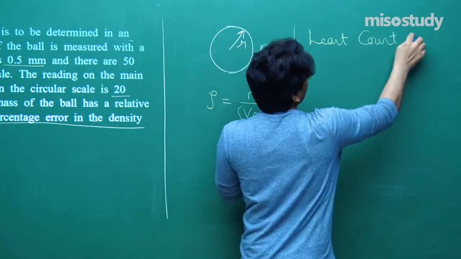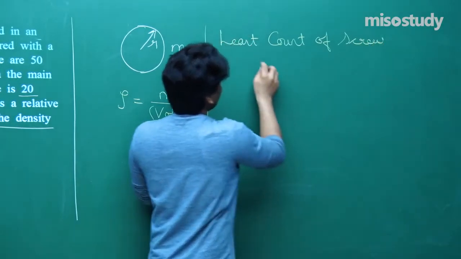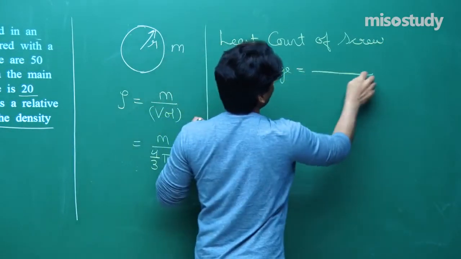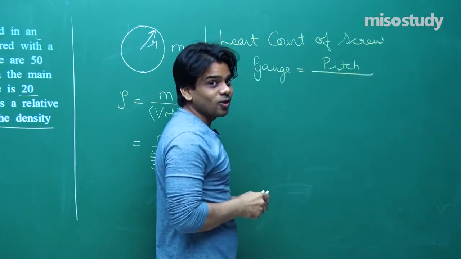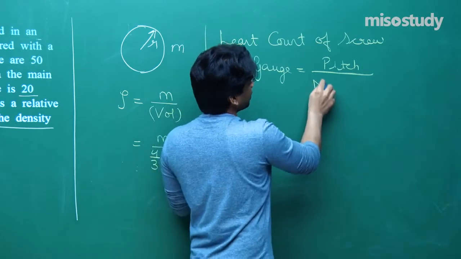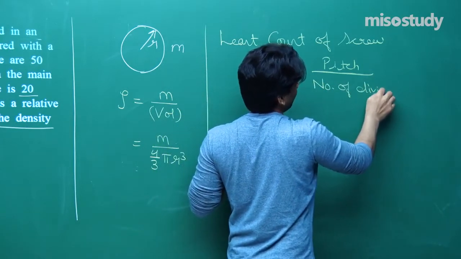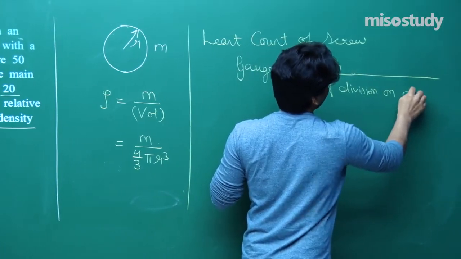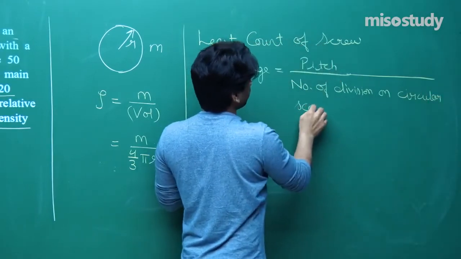The least count of the screw gauge will turn out to be pitch upon the number of divisions on the circular scale. This is what I have taught you, and this is what you need to remember.